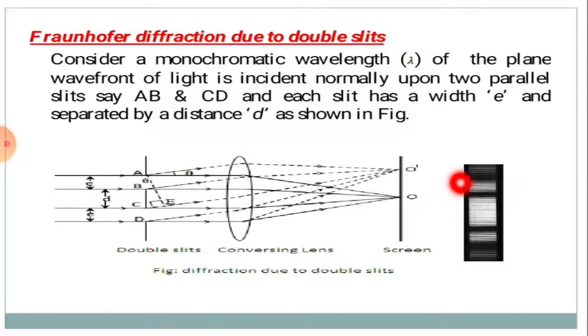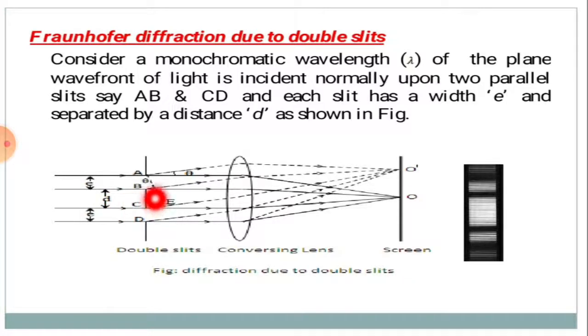We will observe in first order maxima alternate bright and dark fringes like this. That is, the pattern on the screen is the diffraction pattern due to single slit, and the interference pattern produced by two slits separated by distance e plus d.